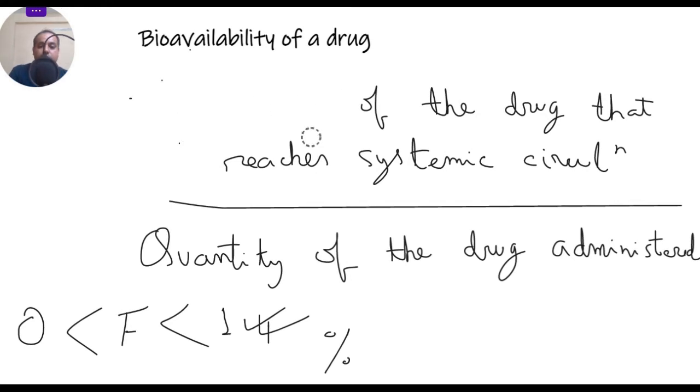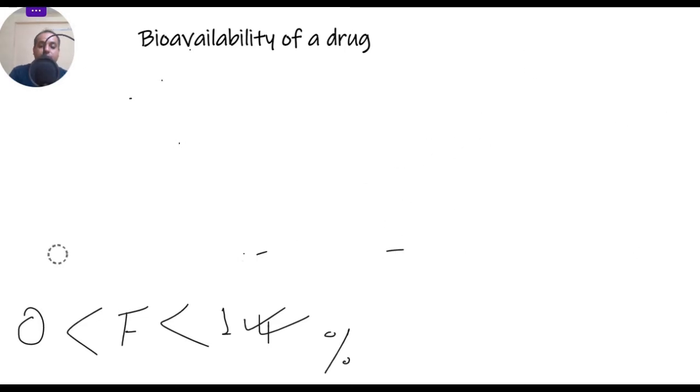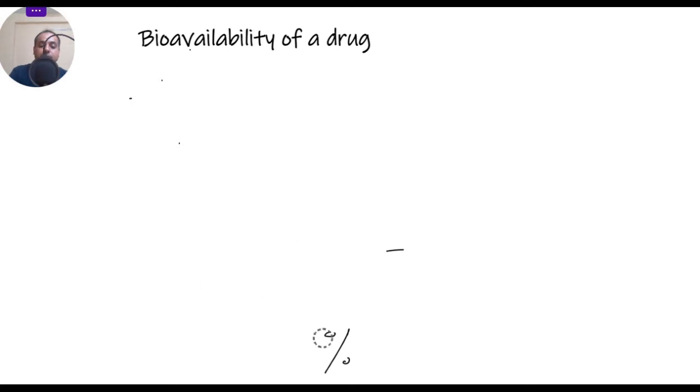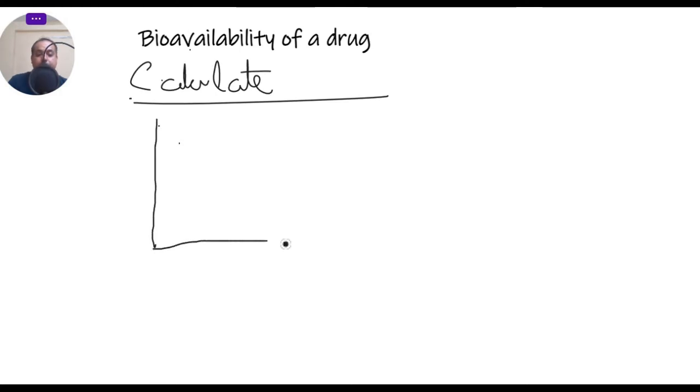So now let us have a look at how we can calculate this bioavailability, right? So for calculating the bioavailability, let us suppose that we are drawing a curve, okay? This is a curve, right?